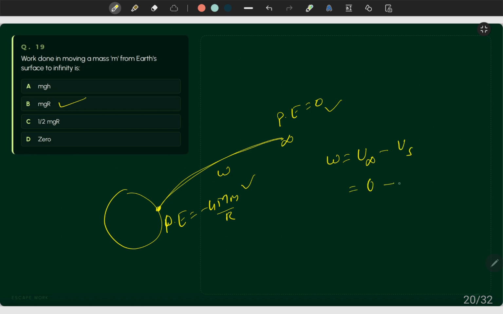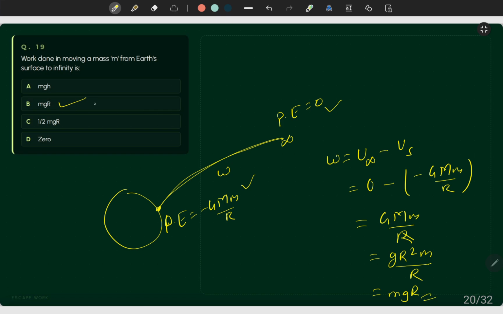So at infinity 0 and minus GMm by R, this gives GMm by R, and GM is gR square. So finally mgR is the relation. Answer is B.